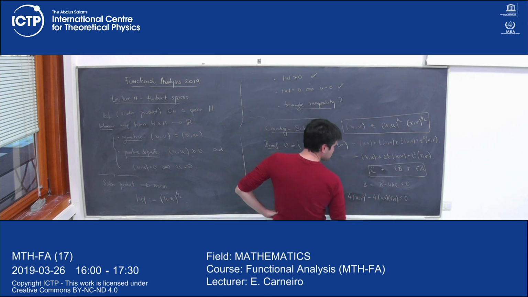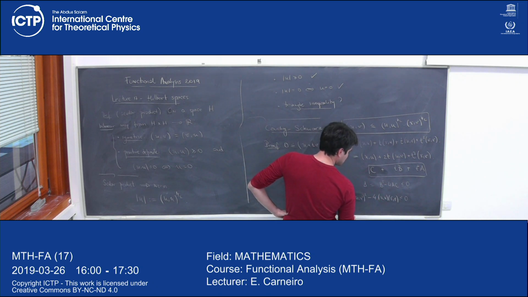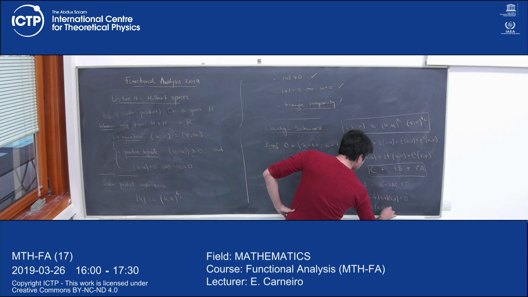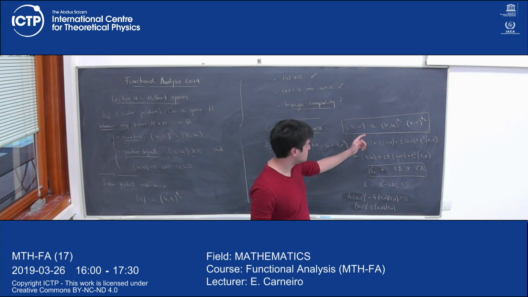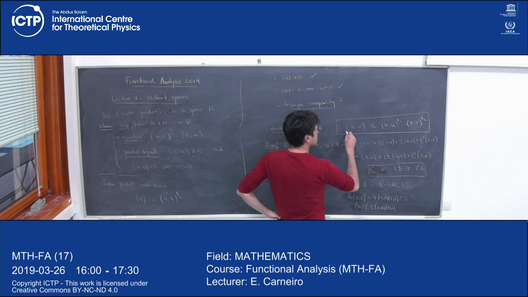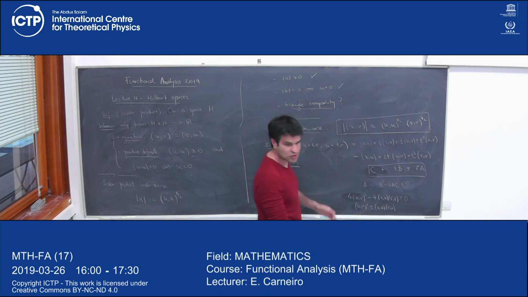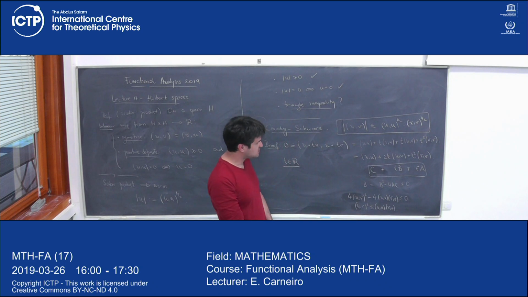So if you move this to the other side and cancel, you get that uv squared is less than or equal than uu times vv. Now you just take square roots on both sides, and you get this inequality here. This may be negative, so if you want, you can put the absolute value. No problem. This is the Cauchy-Schwarz inequality. Never forget this.